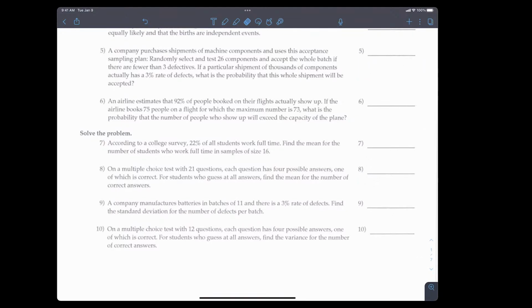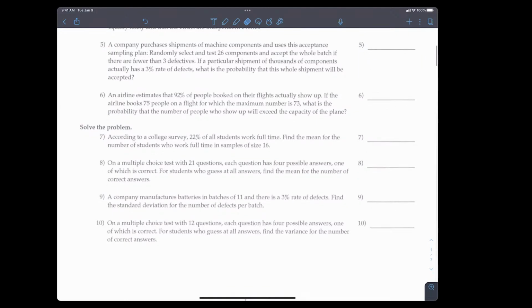Look at number 5 now. Number 5 again is a component kind of question, a management question. A company purchases shipments of machine components and uses this acceptance sampling plan.